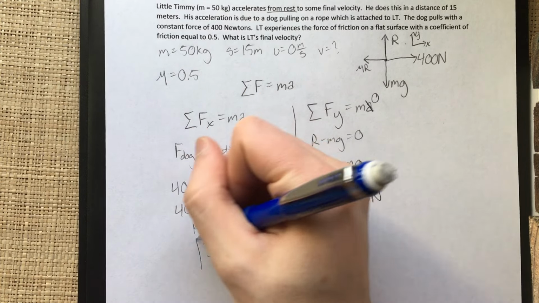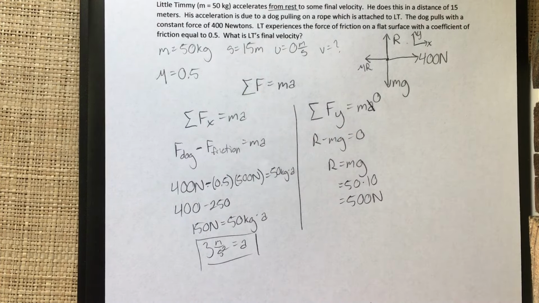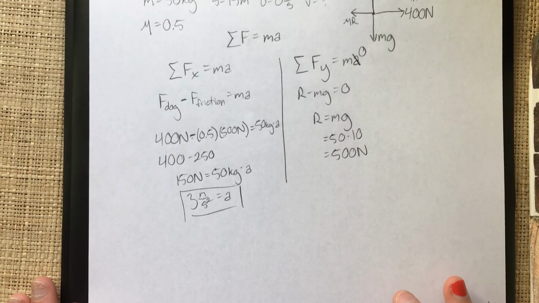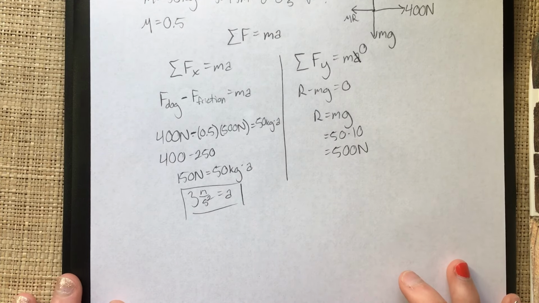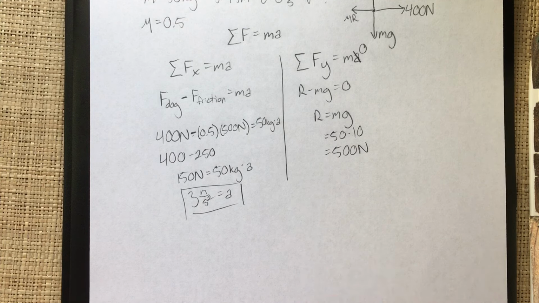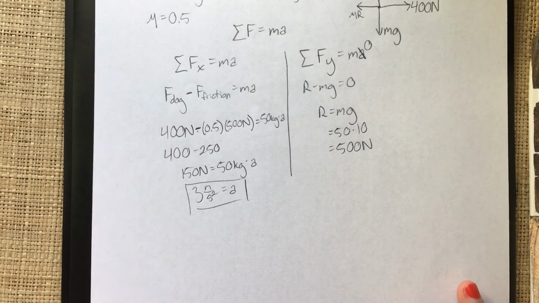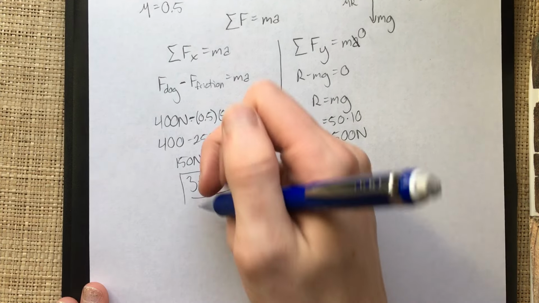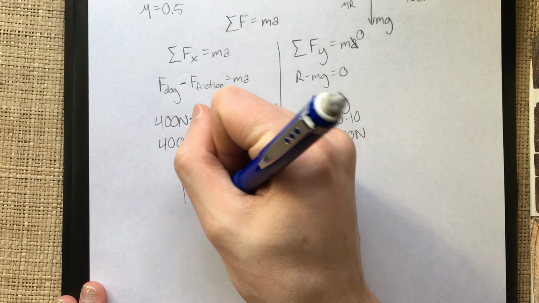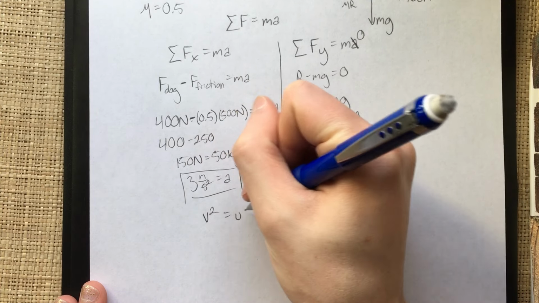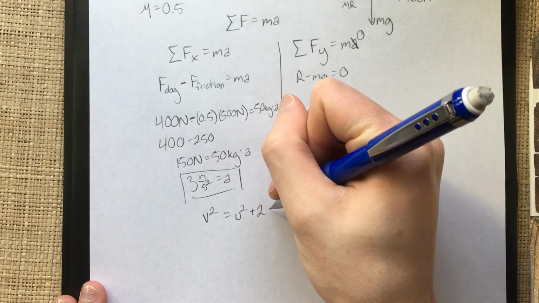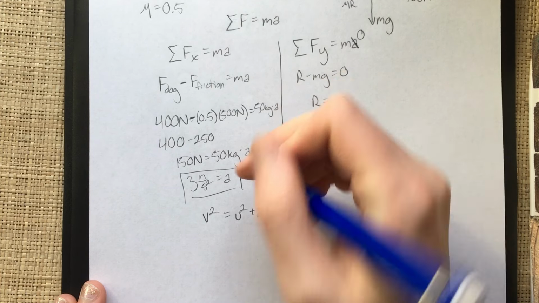So, using this information, we can now go to the equation of motion, which is v squared equals u squared plus 2as.